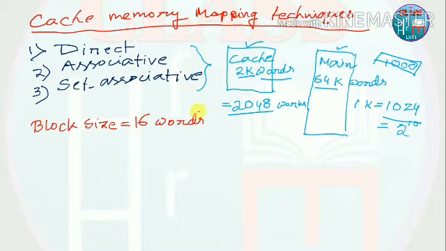Clear? So we know that the cache memory and main memory will be divided into multiple blocks, and the size of the block of main memory and the size of the block of cache memory will be equal.